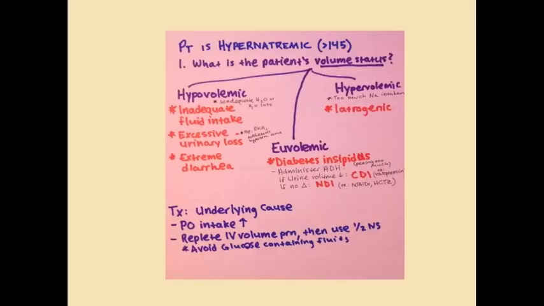You still want to give them normal saline to revive them, so to speak, to replace their water balance, rather. Once you've done that, then you can use half normal saline all you want and replenish their volume. And then you're using, obviously with half normal saline, a hypotonic solution.